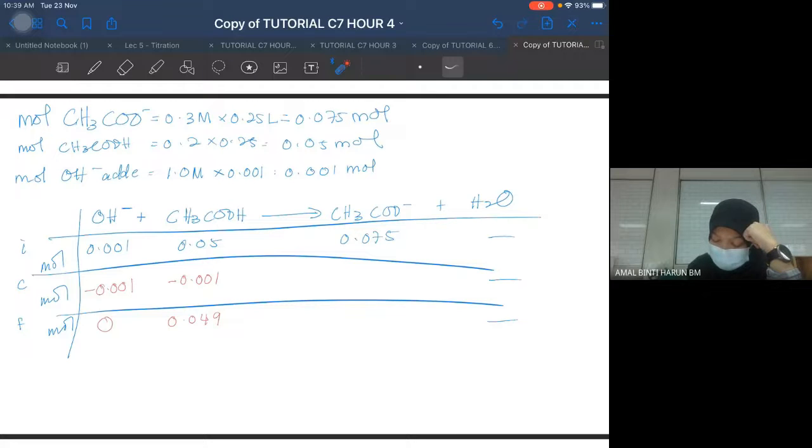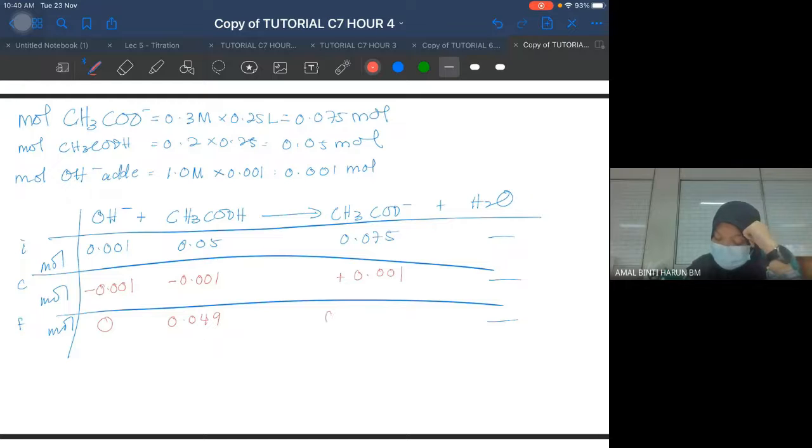Okay. Dan dia akan menghasilkan, so dia akan hasilkan banyak mana ni lah. Kalau ni satu mol, ni pun satu mol. So dia akan bertambah oleh 0.001 mol. Okay.